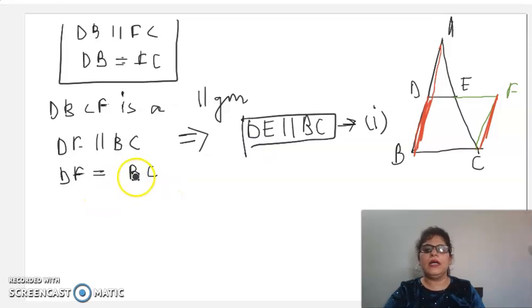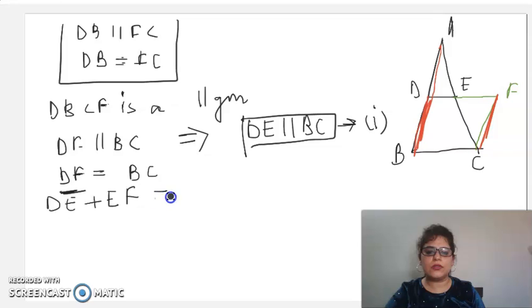Okay. Now we know that DF is parallel to BC, but what is DF? DF is DE plus EF. So this is equal to BC. And DE and EF are equal to each other, as we have drawn in the construction. So can we say 2DE is equal to BC?